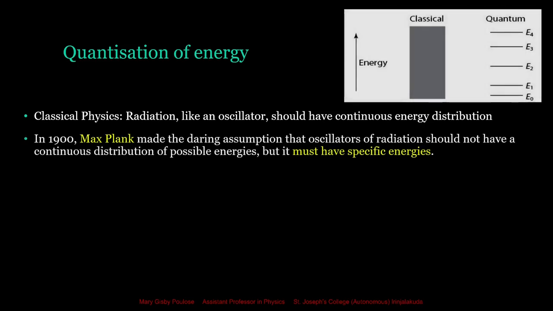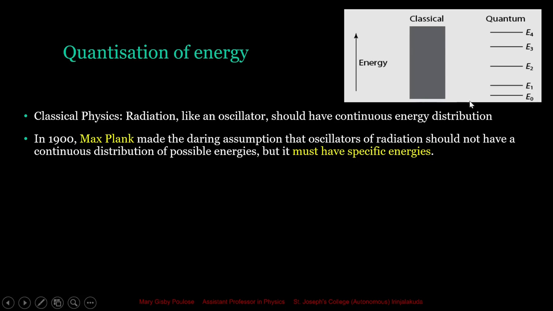But then in 1900, Max Planck made a daring assumption. He did not have any idea about it, but still he was brave enough to say that oscillators of radiation should not have a continuous distribution of possible energies. They can have only specific energies.